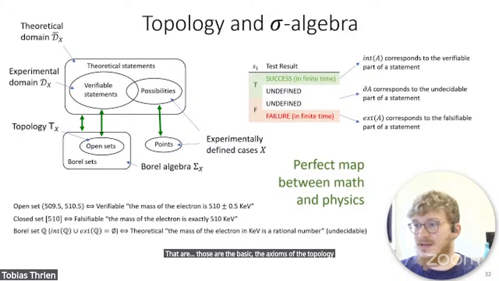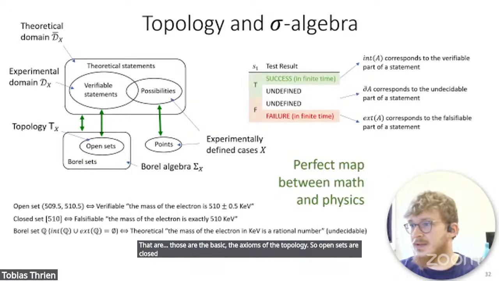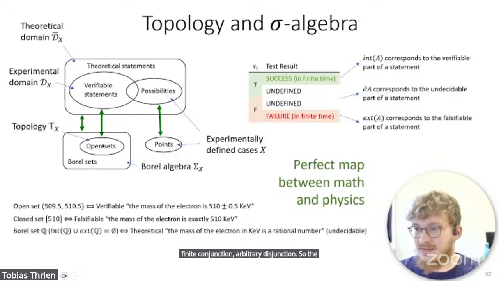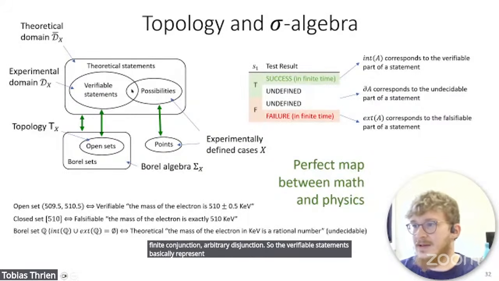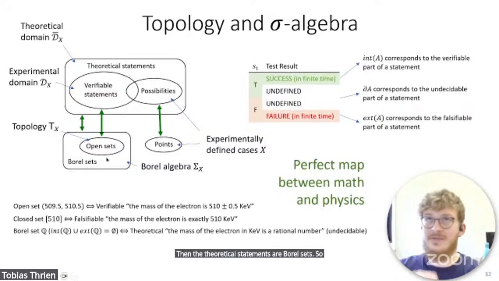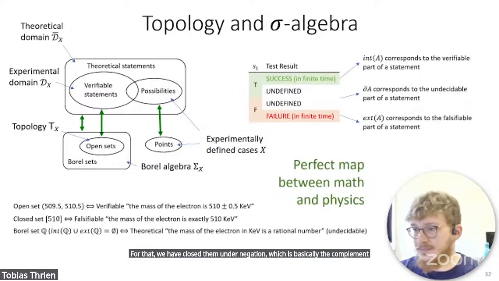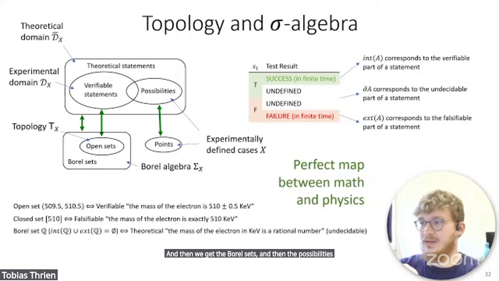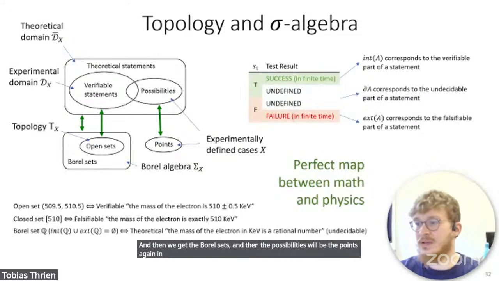So open sets are closed under finite conjunction and arbitrary disjunction. So the verifiable statements basically represent open sets. Then the theoretical statements are Borel sets. For that, we have closed them under negation, which is basically the complement. And then we get the Borel sets, and the possibilities will be the points in the topology.